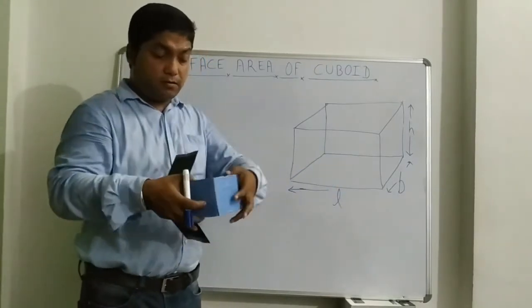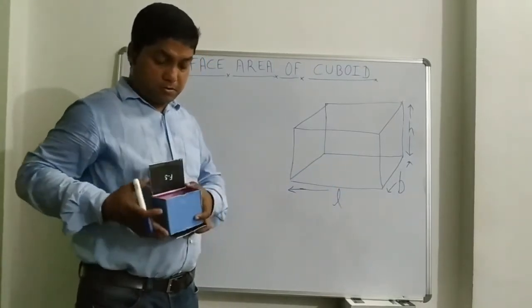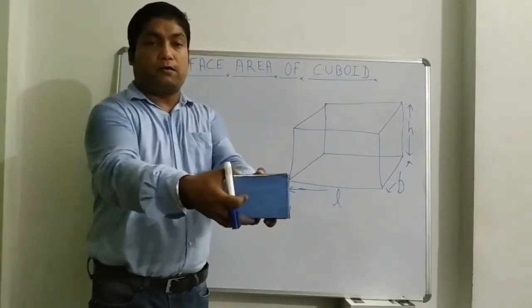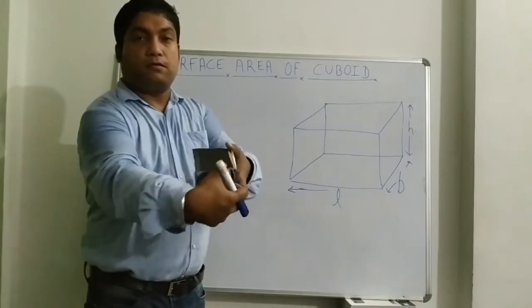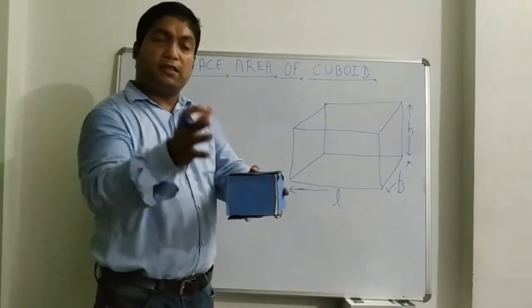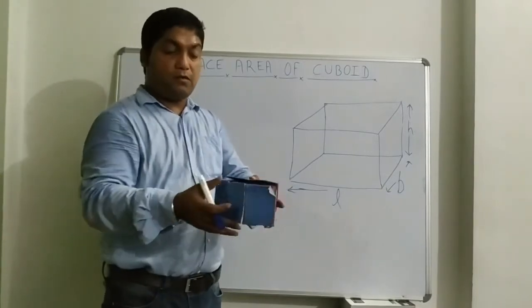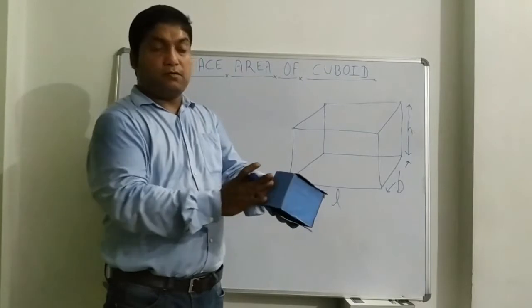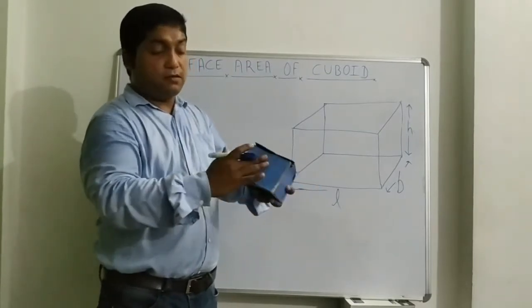Just see here. Yes, this is the cuboid. When the rectangles meet each other, they make a cuboid. So there are different faces: this face, this face, this face.